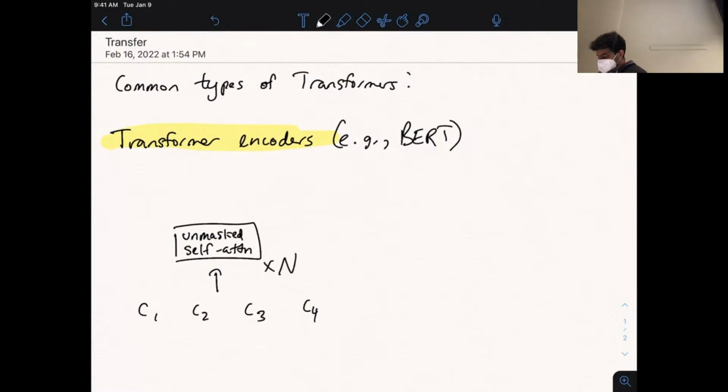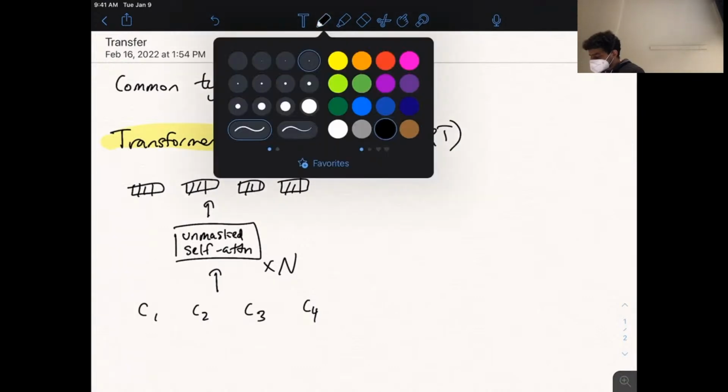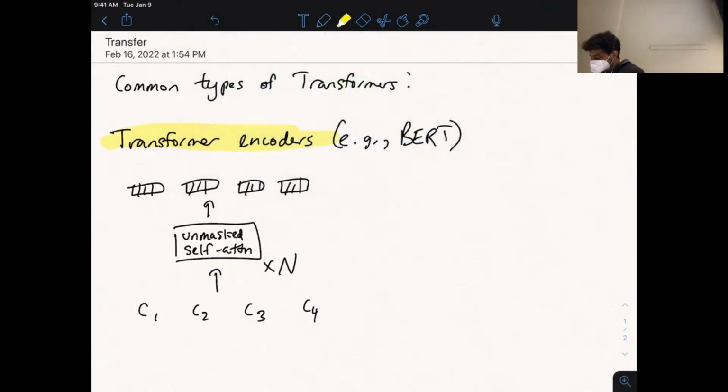I'm going to stack n of these unmasked self-attention blocks. And then at the end of the day, I'm going to come up with these final layer hidden vectors. And note that because I used unmasked self-attention, I can't actually predict the next word from these tokens, right?